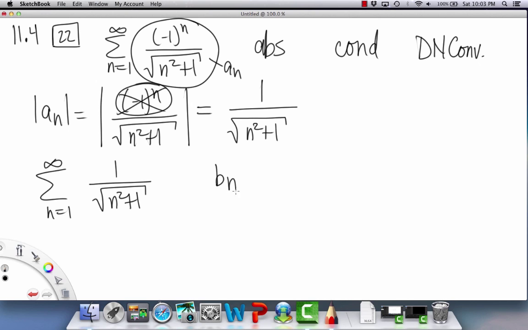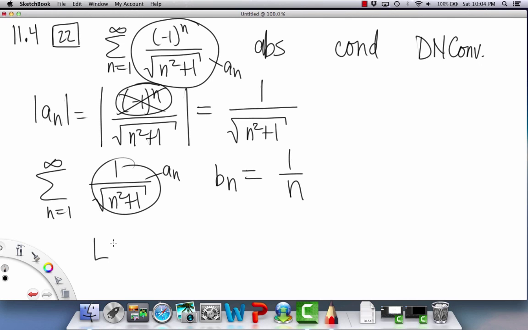I'm going to make b sub n equal to 1 over n. So we're going to use the limit comparison test here.